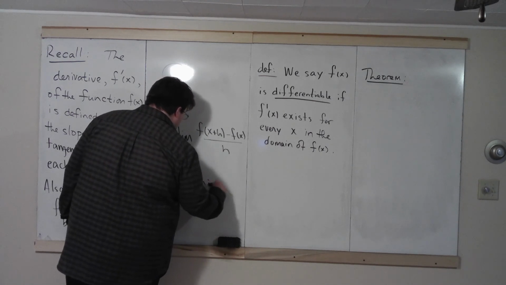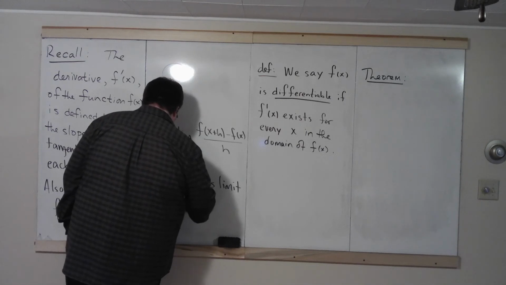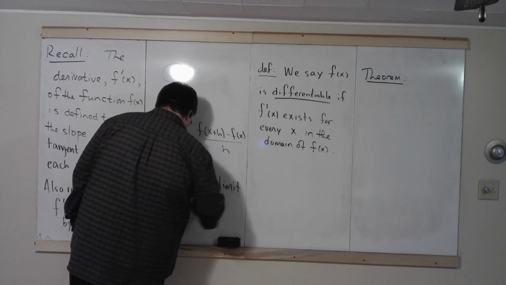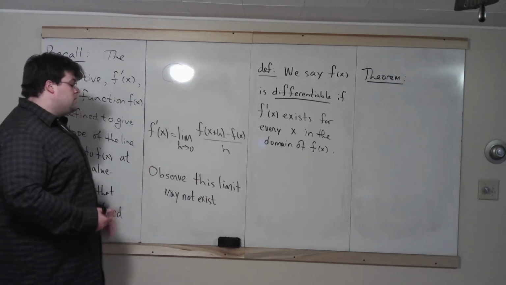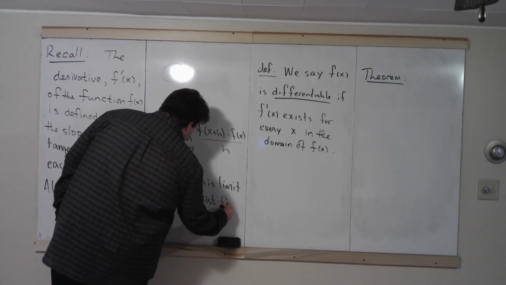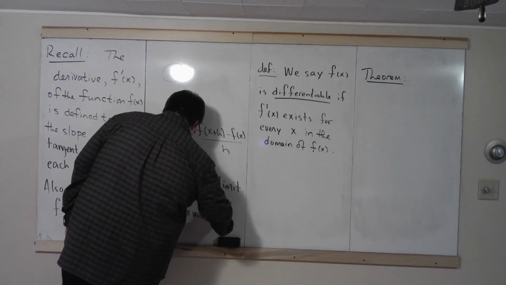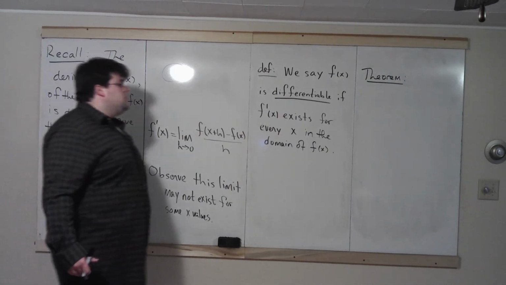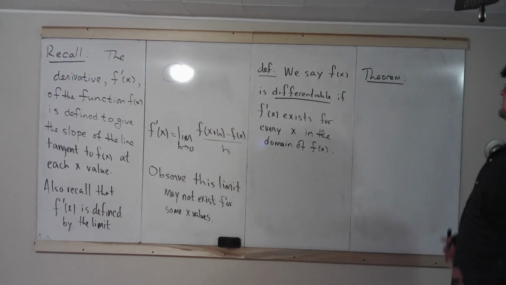This limit may not exist. The variable in this limit is x. So this limit may not exist for some x values, let's say. And what does this look like? Well, we'll see. We'll actually see 3 cases. But to get there, let's start with this definition.